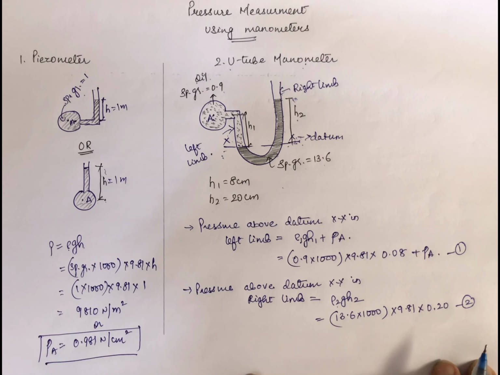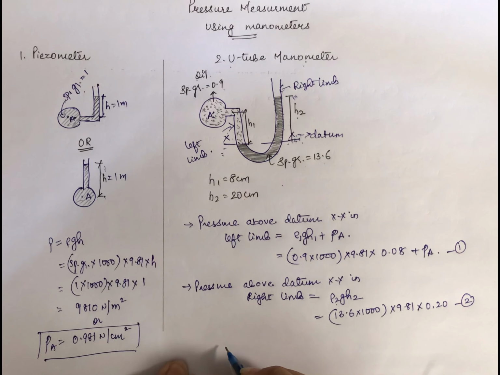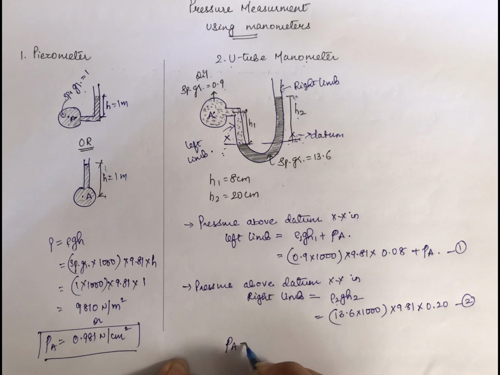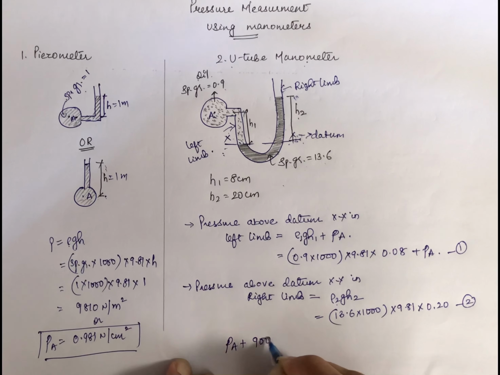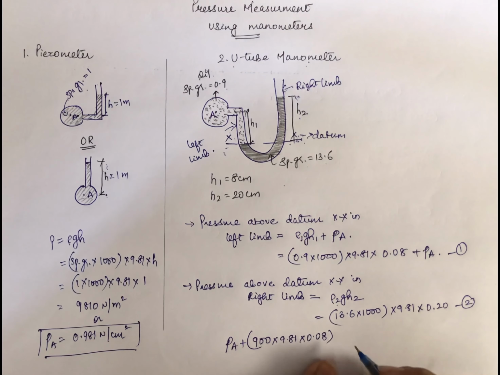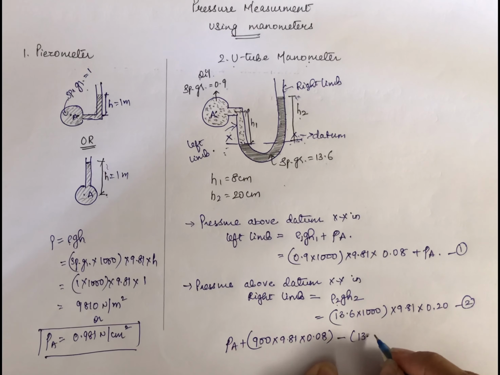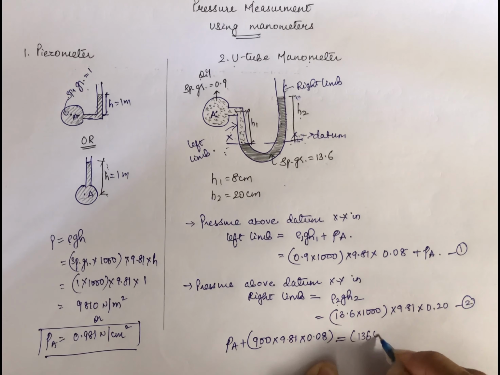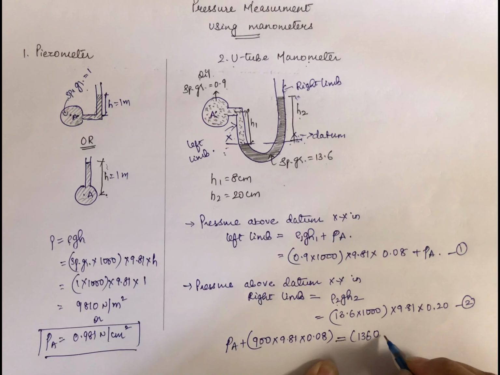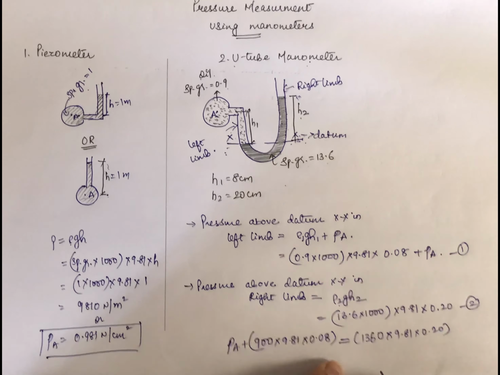We will get PA plus 900 into 9.81 into 0.08 equals 13600 into 9.81 into 0.20.